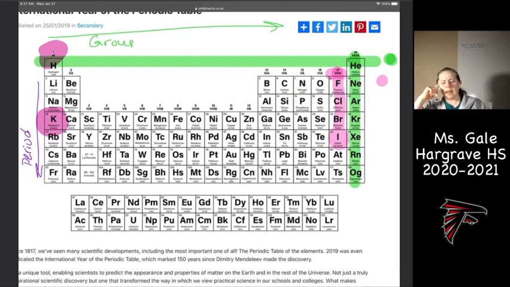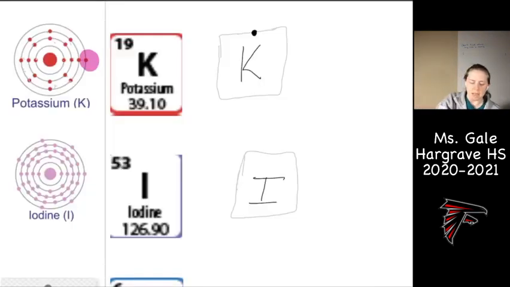If he's in group 7A, how many valence electrons do you think he may have? If you want, we can even count them real quick. We have 1, 2, 3, 4, 5, 6, 7. Group 7A, 7 valence electrons.